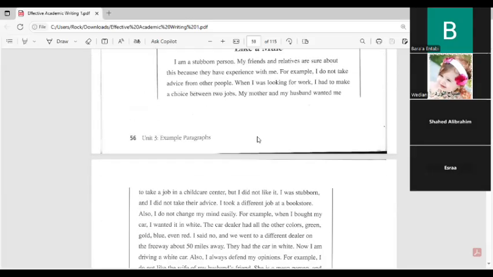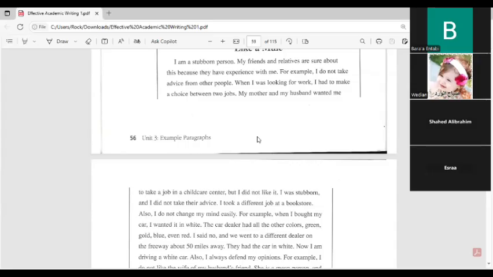As I told you, this is called an example paragraph. Why? Because all my ideas depend on the examples I add in order to convey my opinions to the reader, to convince the reader of my ideas.